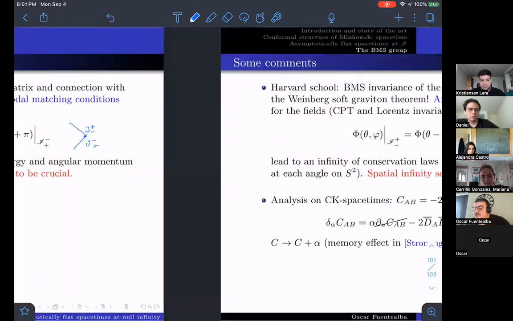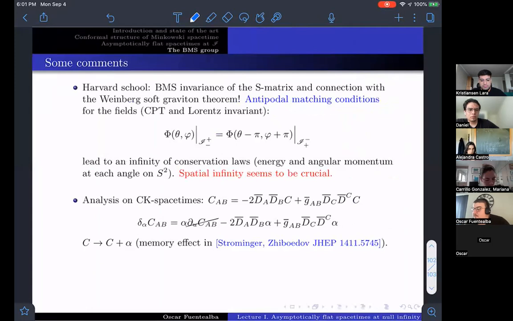But all this construction was performed by assuming a certain class of spacetimes called Christodoulou-Klainerman spacetimes.